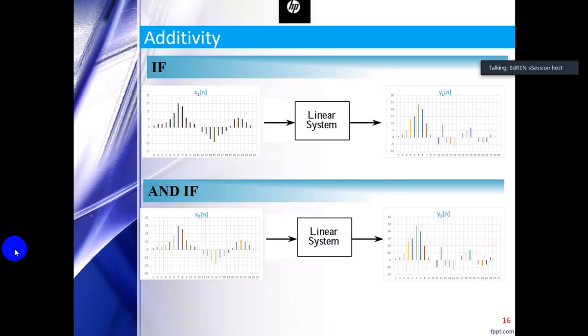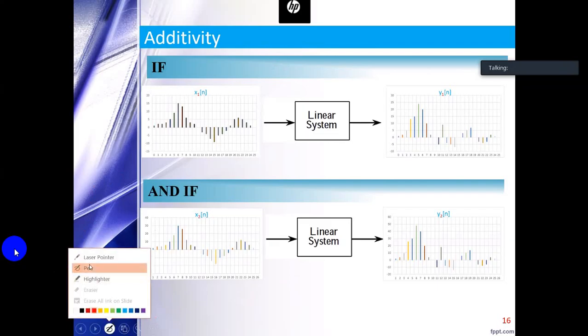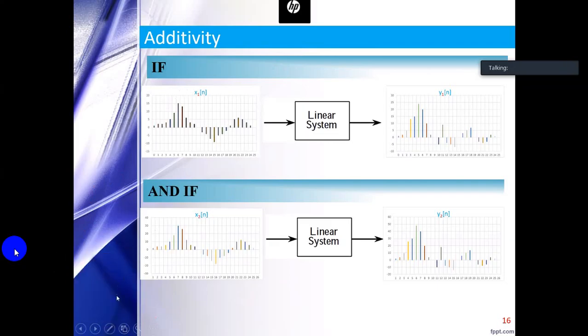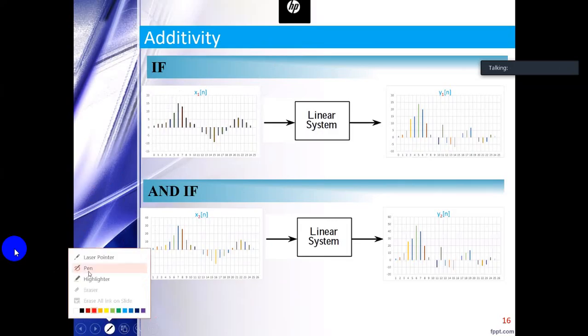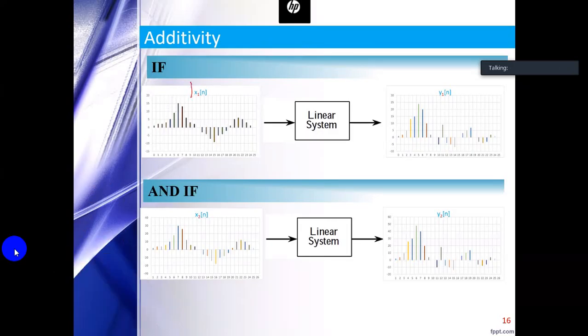In the first example, the input is x1 of n, output is y1, and in the second example, input is x2, output is y2.